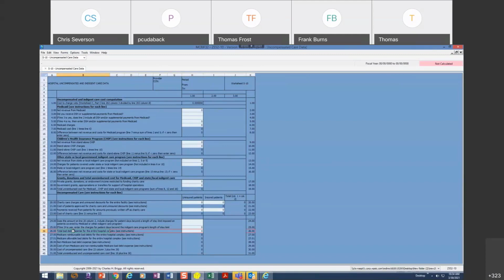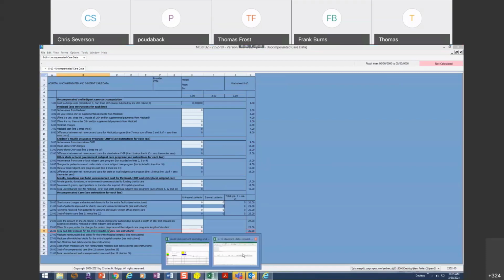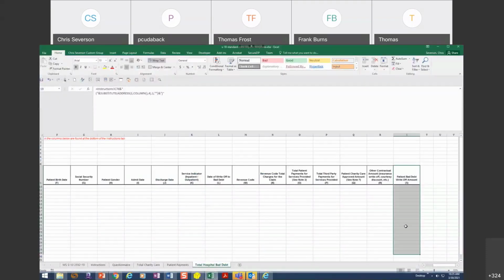It's write-offs. Now, under GAAP, expense is a different term than write-off. Under GAAP, generally accepted accounting principles, on your financial statements, bad debt expense is reported, but write-offs are actually not found on your financial statements anywhere. And we talked about that last time, how that's a derived number. We have to back into that bad debt write-off. So that's the point to make there. But ultimately, this column is the dollar amount of patient bad debt write-offs that should tie to line 26.